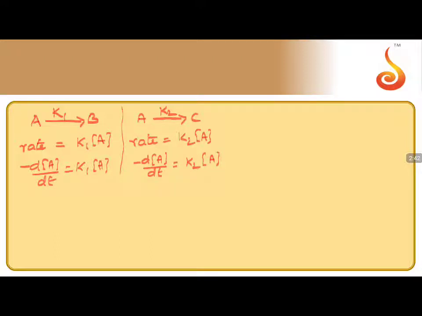So following this, if I say the overall reaction giving you both B and C with K1 rate and K2 rate, what is the overall rate?